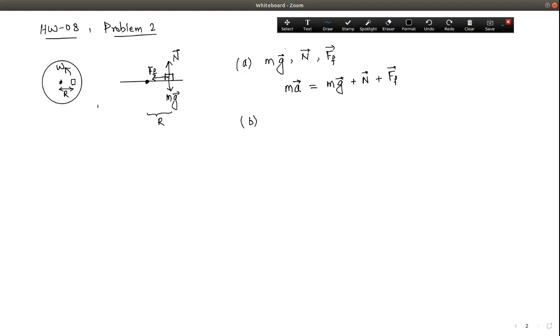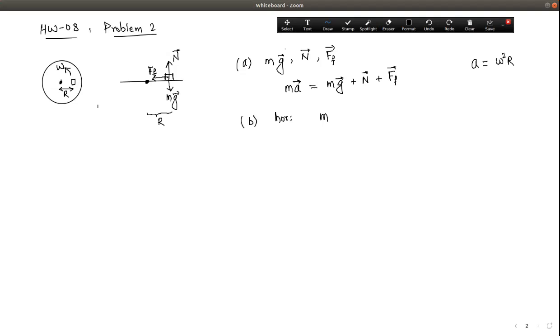We break this equation into the radial and vertical directions. So in the radial, or let's say horizontal direction, we have mass times acceleration. In this case acceleration is omega square r, where omega is the angular speed with which the turntable is rotating.